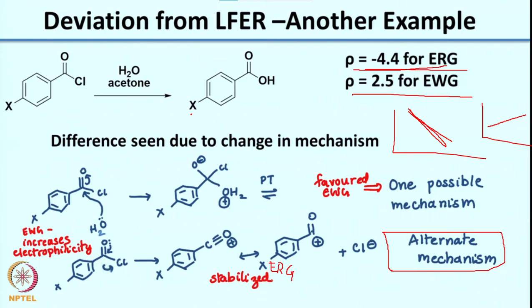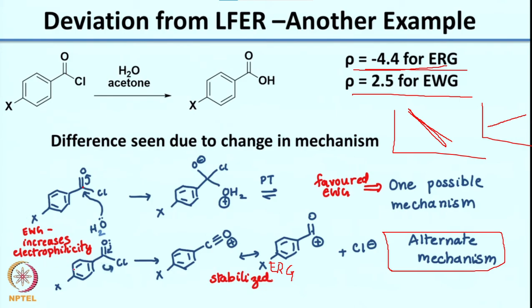For the first case, where the electron withdrawing group increases the electrophilicity of this carbon atom, the carbonyl carbon, which favors the reaction, it will give the positive value of Hammett rho, which is showing the increase in sensitivity of the reactant compared to the benzoic acid, right?